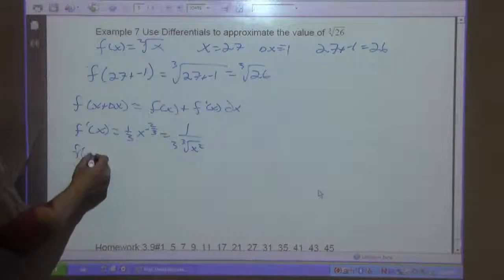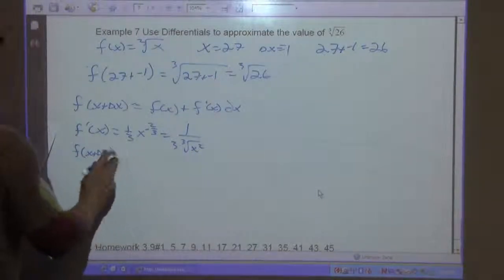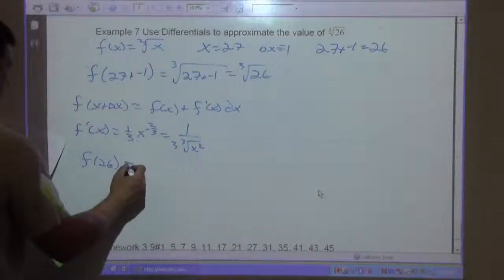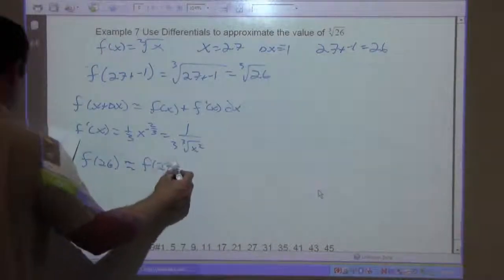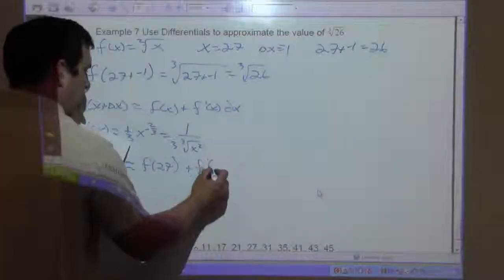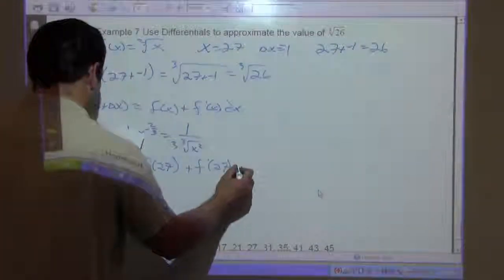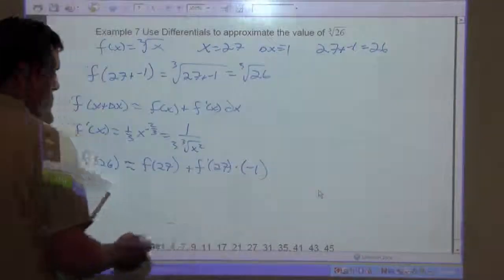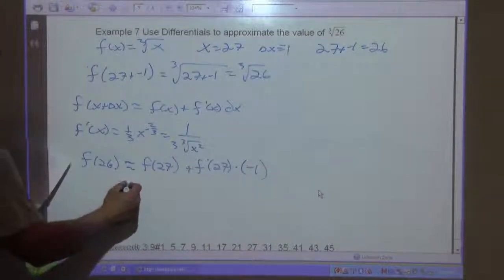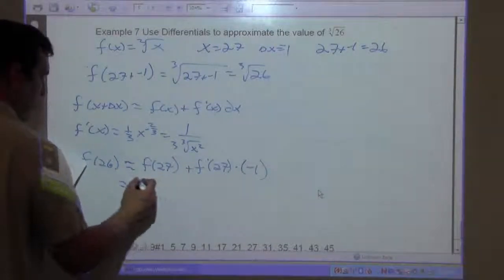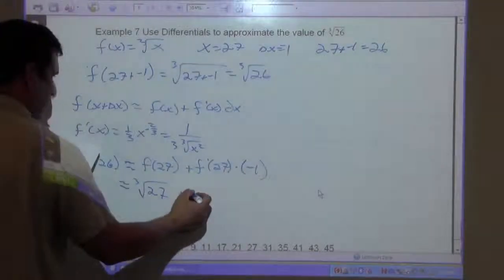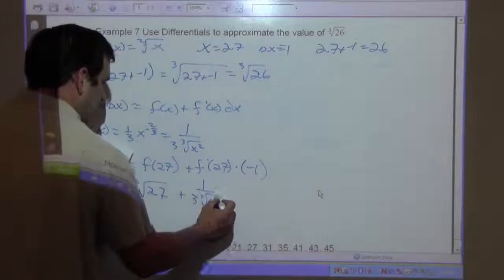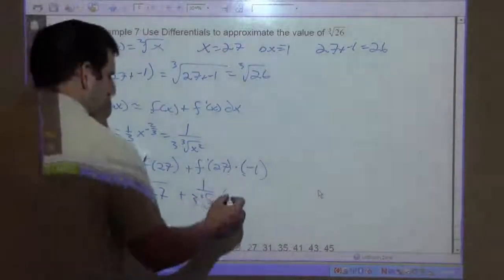So f of 26 is going to be approximated by f of 27 plus f prime of 27 times negative 1. So we have the cube root of 27 plus 1 over 3 times the cube root of 27 squared times negative 1.